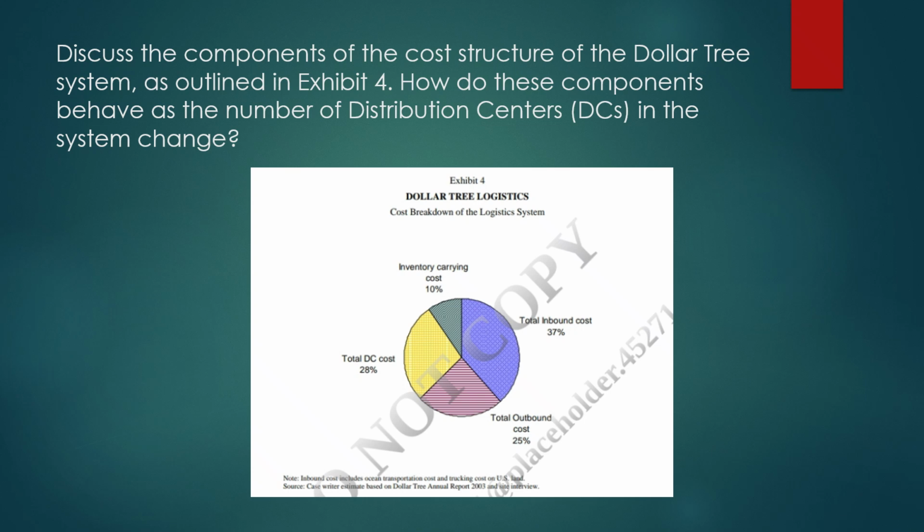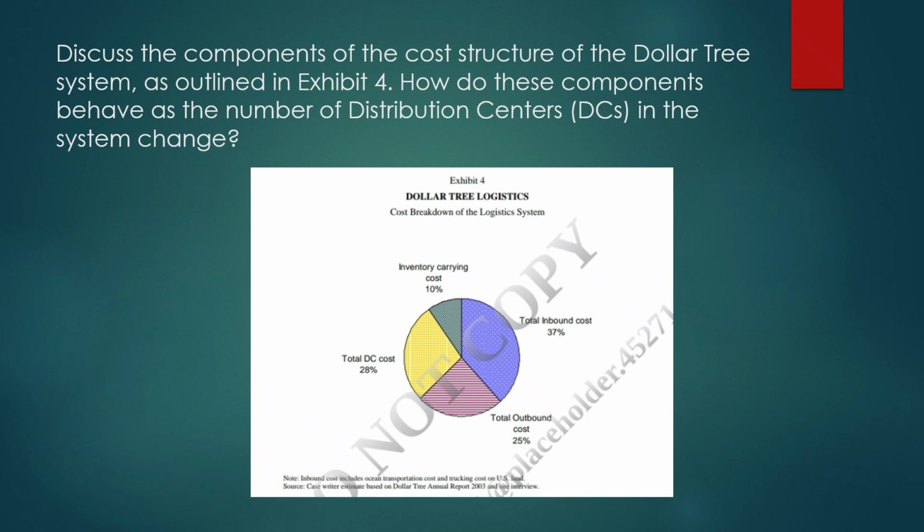The inbound cost in this example counts both trucking and ocean container shipping cost to get the product from whoever makes the product to the actual distribution centers. The outbound cost is the trucking cost to ship the goods to the individual stores. And finally, the total DC cost, from my understanding, is the cost to maintain the centers themselves.